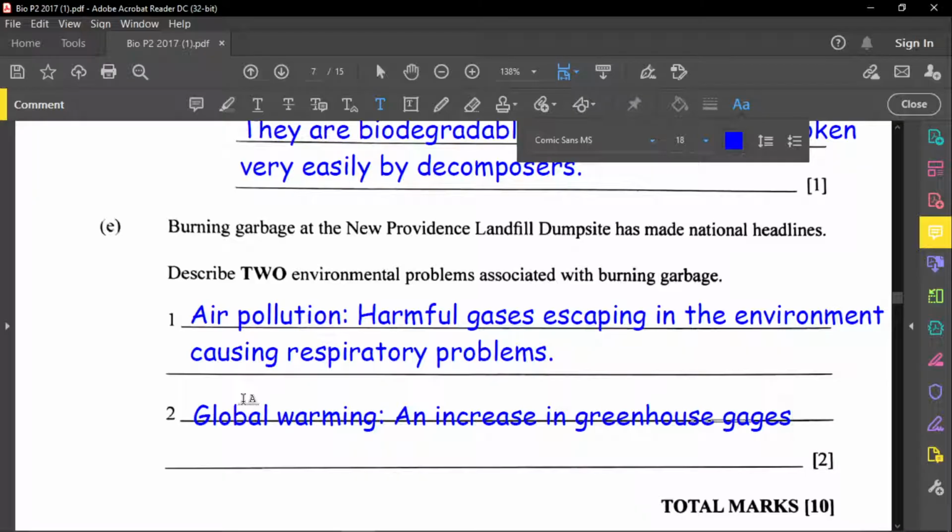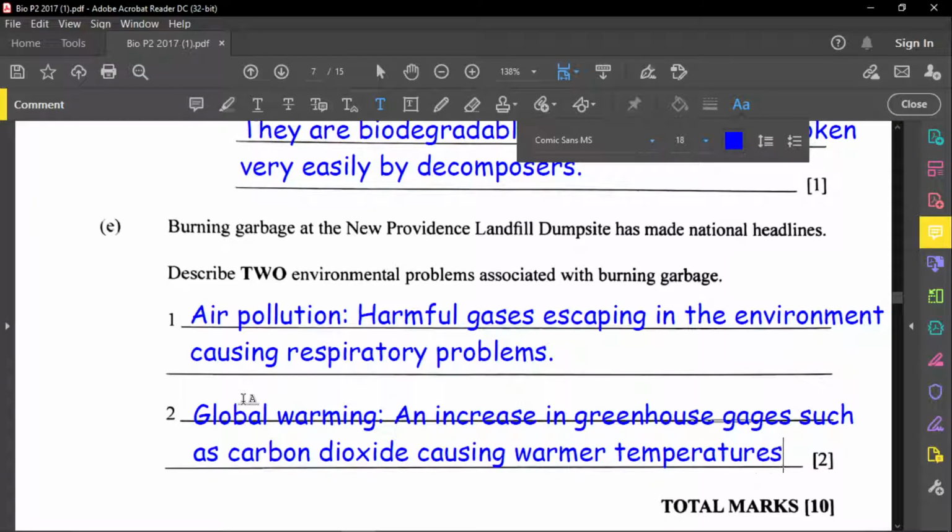We can give some examples such as carbon dioxide, causing warmer temperatures. So the temperature of the environment will increase. All right, great. So that's another possibility right there.